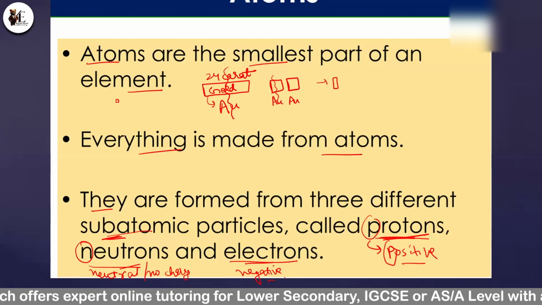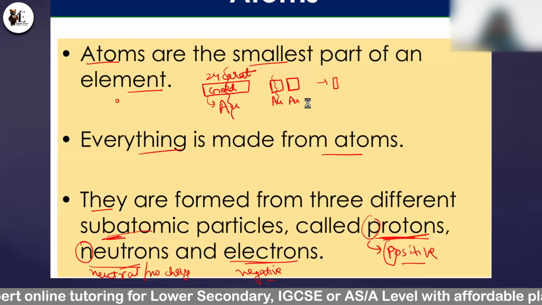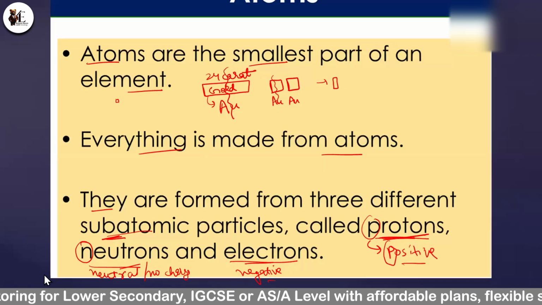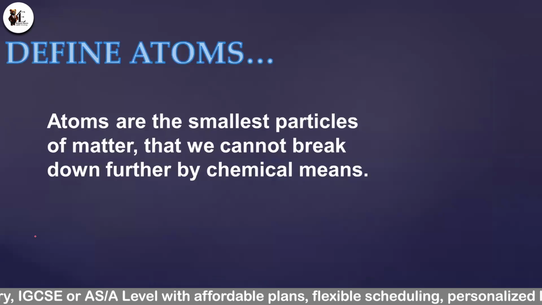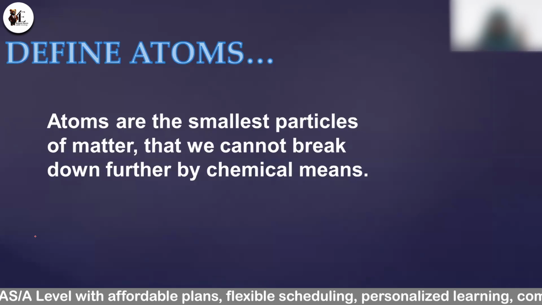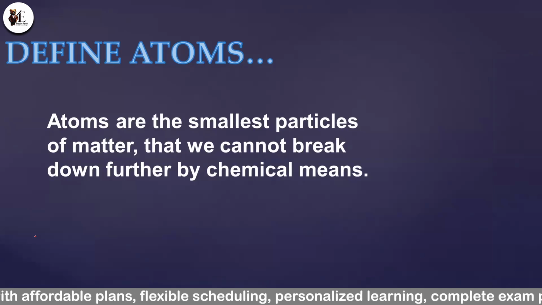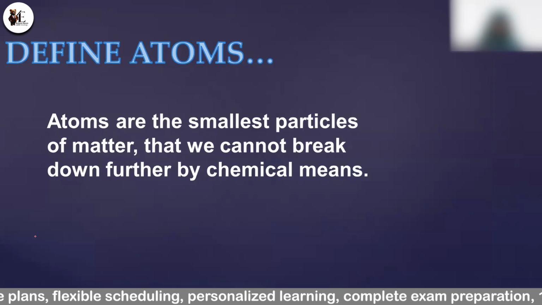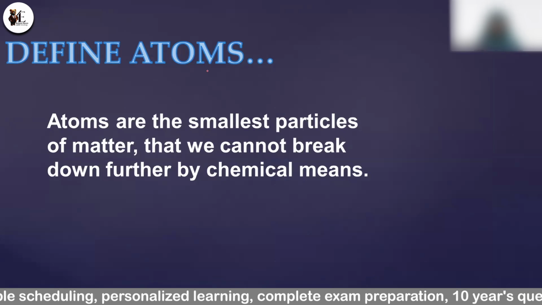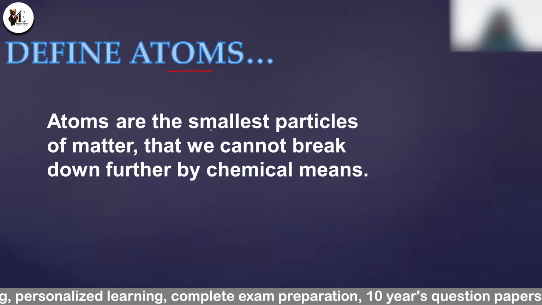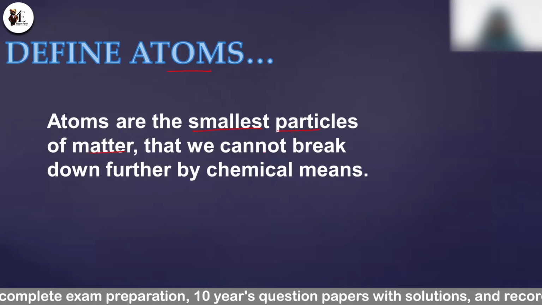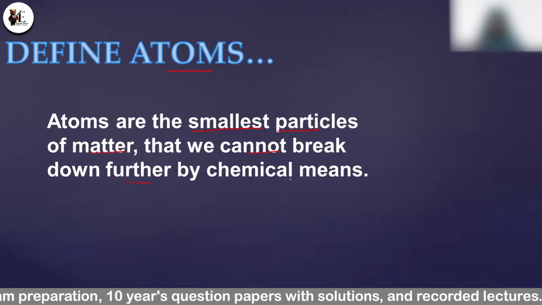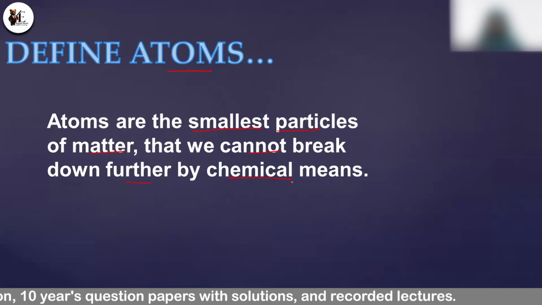I hope you won't forget this in the next class, right? Protons positive, neutrons neutral, and electrons negative. Very well done. So if I ask you to define atoms, you will say that atoms are the smallest particles of matter that we cannot break down further by chemical means, that is, by chemical reactions we cannot break down an atom.